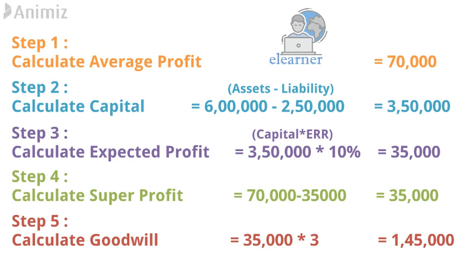Now multiply capital with the expected rate, so you will get expected profit. Now find out whether you are getting more profit or less profit. So average profit minus expected profit, that is step 1 minus step 3, and you will get super profit. Now super profit into the number of years of purchase, and here you will be able to calculate goodwill.